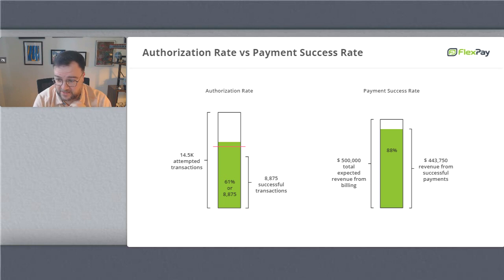The higher your payment success rate, the more profitable you will be in your business. The goal is to keep the payment success rate as high as possible while keeping the authorization rate as close to that 60% line as you can. Obviously, the more you're able to attempt to authorize your payments, the more you will successfully be able to capture authorized or successful payments without putting yourself at further risk.